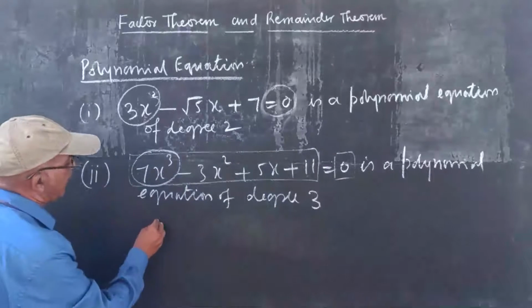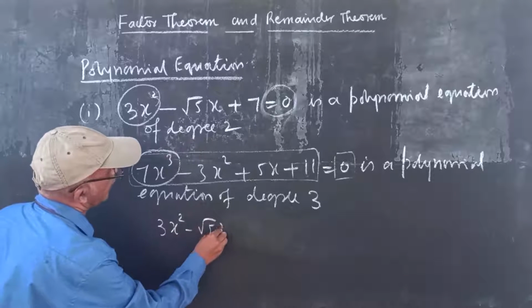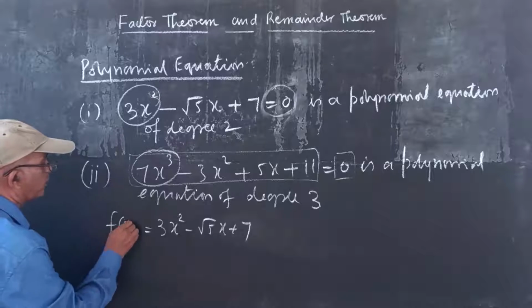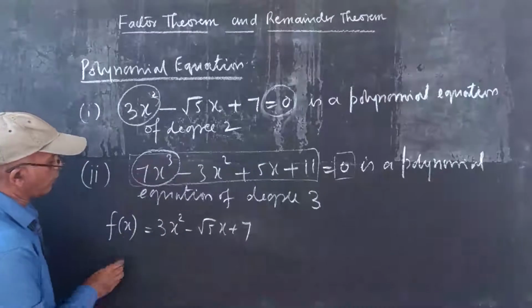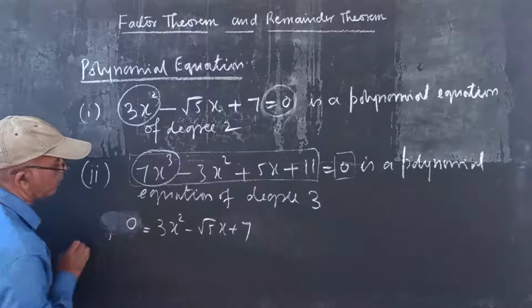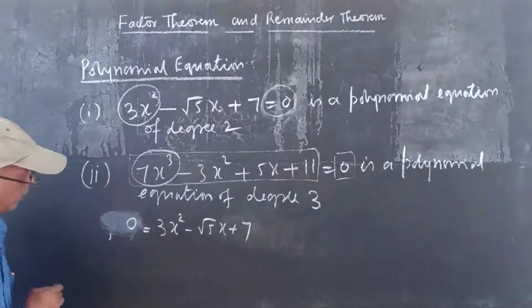If you simply write 3x square minus root 5 x plus 7 is equal to f(x), this is only an expression, a polynomial, that's all. If you write is equal to 0 instead, then this will become a polynomial equation.